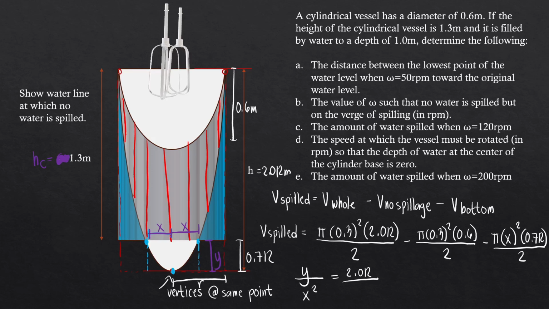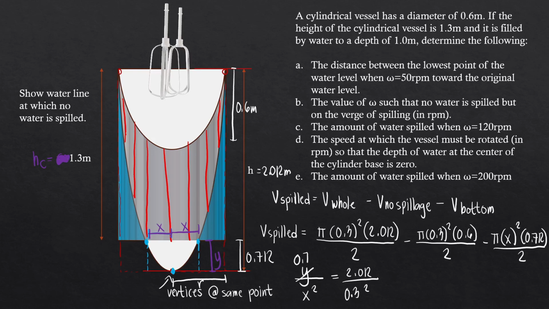This radius is the radius of the cylindrical vessel, so this is r squared. However, since we already know r, which is half of this, then this is 0.3. And so solving x, by the way, our y is also this value, 0.712.